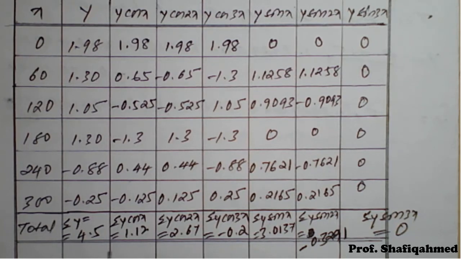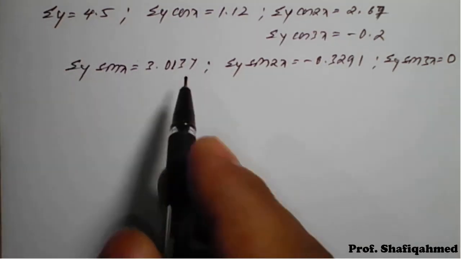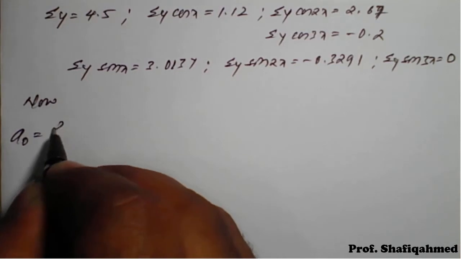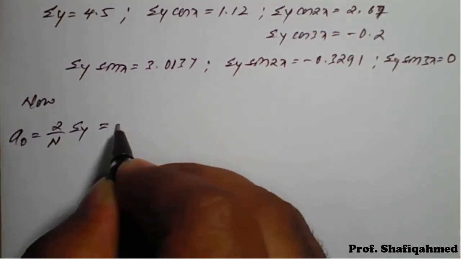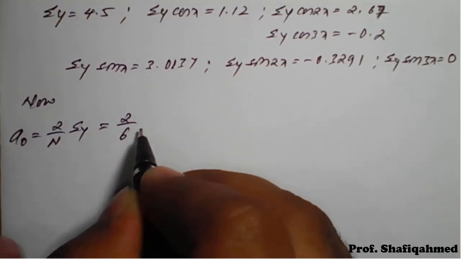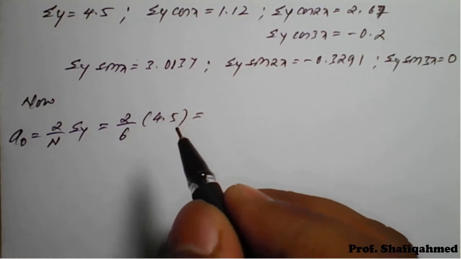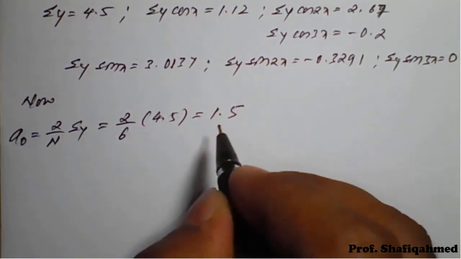Once we have got these, I will recollect the values of all the summations, then we'll go for the values of a0, a1, a2, a3, b1, b2, b3. So these are all the summations I have collected. Now a0 is 2 upon n summation y, which is 2 upon 6 times 4.5, and on calculation we get 1.5.